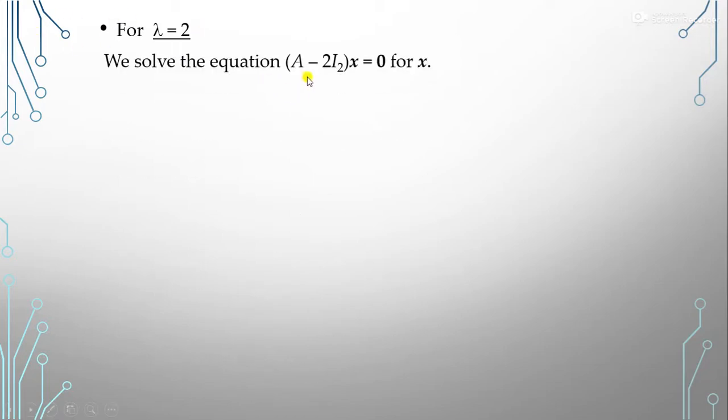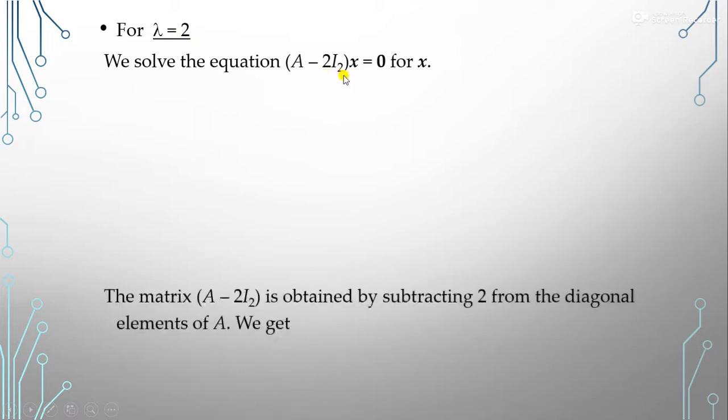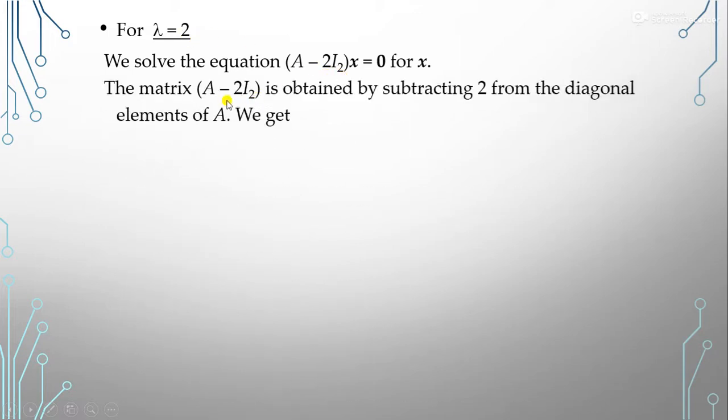Now we use the equation A minus 2I times x is equal to 0. In place of lambda we put 2. So now our equation becomes: the matrix A minus 2I is the matrix with entries minus 6, minus 6, 3, 3.